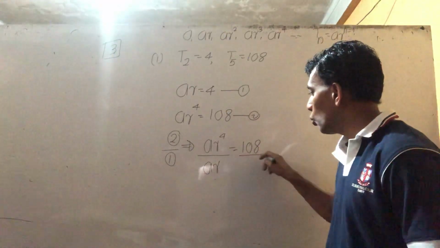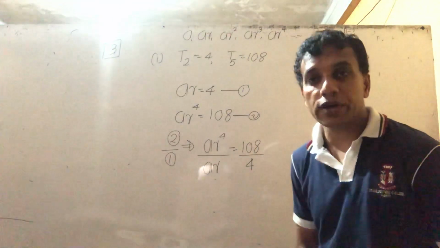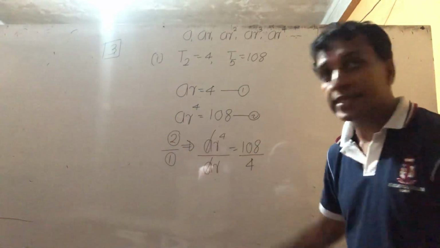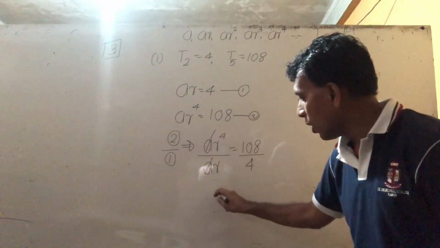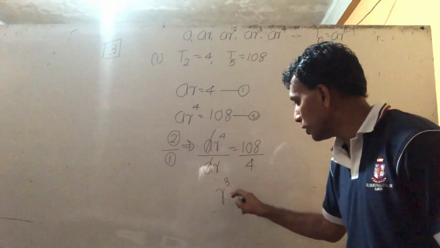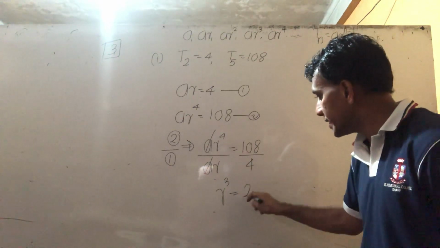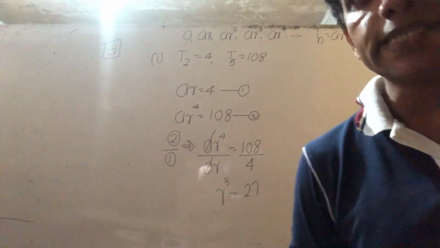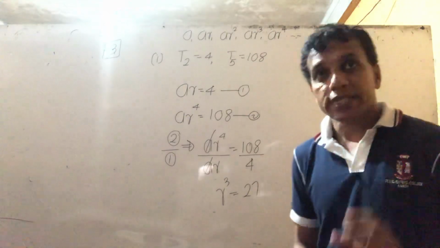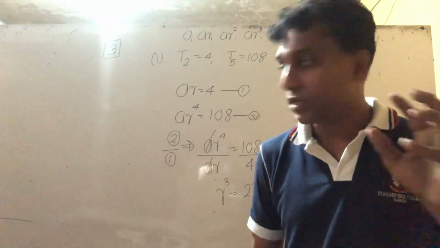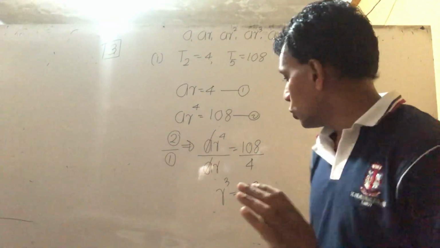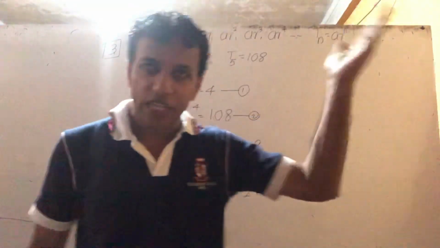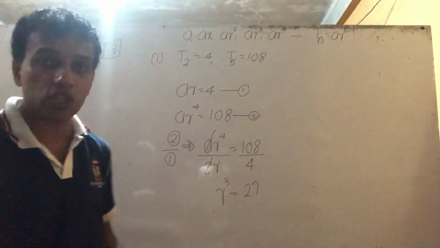108 over 4. The a's cancel, so r cubed equals 27. As I mentioned in the previous video, geometric series problems need good knowledge of indices.